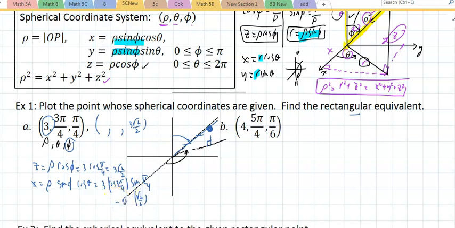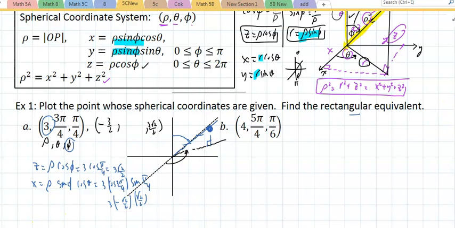This is negative radical 2 over 2. And this is a 3. So that's a negative. If I multiply those, that's negative 3 times 2 over 4. That's negative 3 halves.